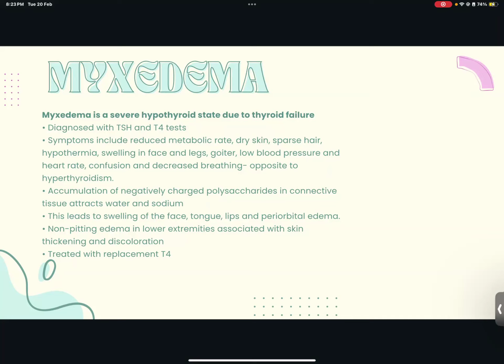The symptoms of myxedema will include reduced metabolic rate, dry skin and sparse hair, hypothermia and swelling in the face and the legs, goiter, as well as low blood pressure and heart rate, confusion and decreased breathing, and also accumulation of negatively charged polysaccharides in connective tissue, which attracts water and sodium. This could lead to swelling of the face, the tongue and the lips, and periorbital edema. So myxedema could cause exophthalmos, which means that the eyes are protruding outwards.